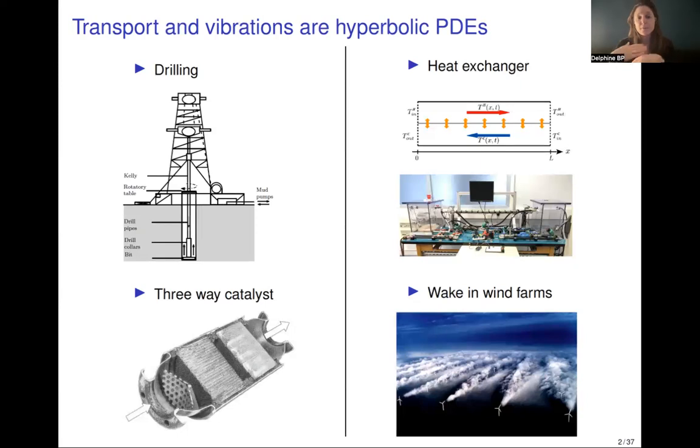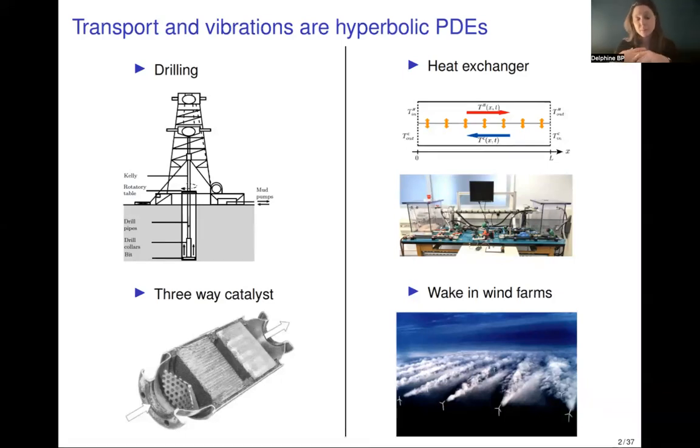You have different pollutant emissions which you want to convert, so either oxidize or reduce. This is why these catalysts are called three-way catalysts, because they proceed to two reductions and one oxidation of the pollutant emissions.